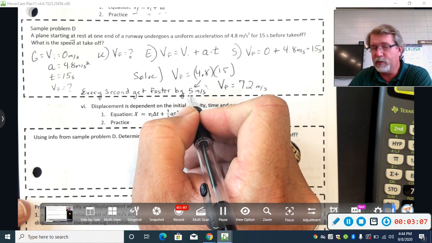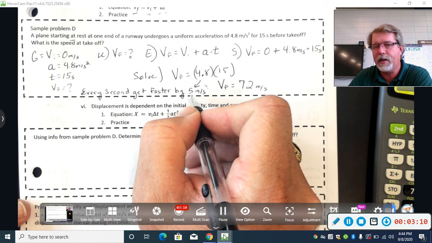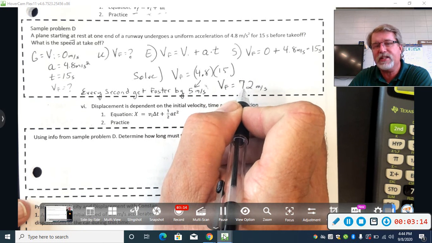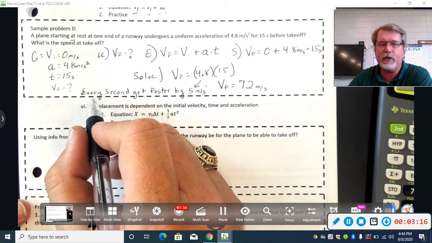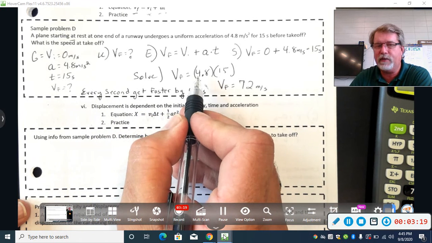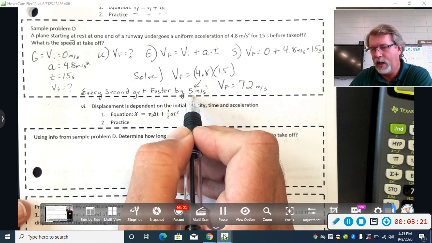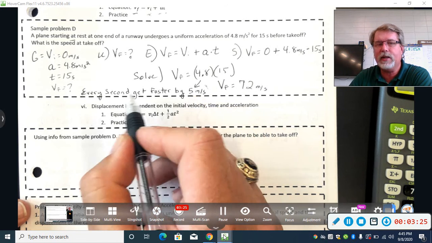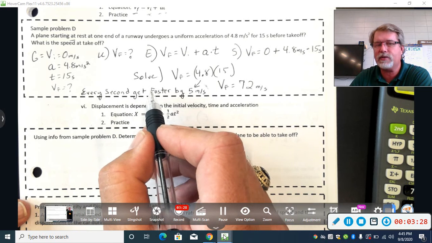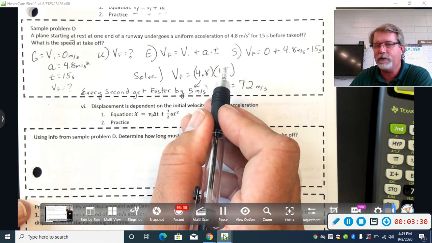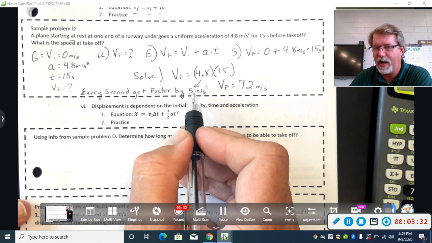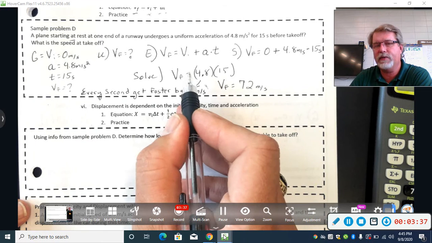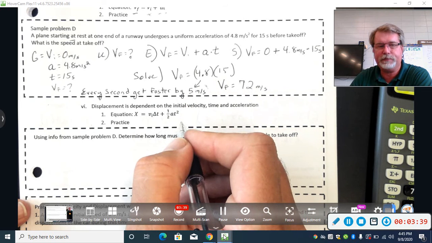So 10 seconds would be 50. Another 5 seconds would be 25. 50 and 25 is 75. So 72 is really close. So that's a little thought process we can do there, where we take 4.8 and we round it to 5, because it's about 5. And we know that acceleration means that's how much you're getting faster every second. So for 15 seconds, 5 every time should be about 75. So our answer of 72 is correct.